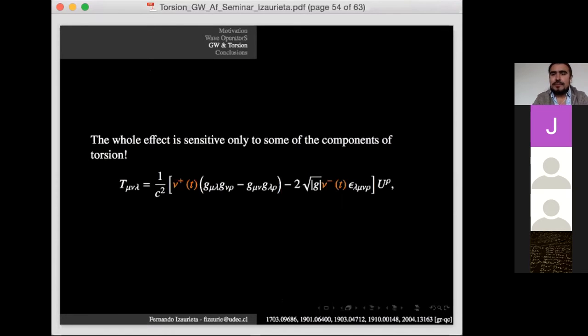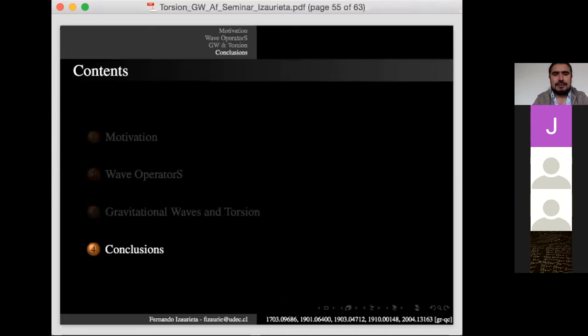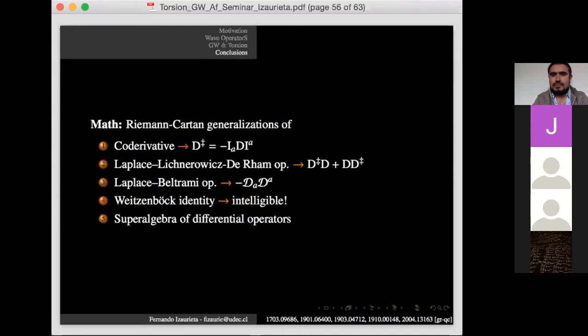Okay, then let us jump to the conclusions. Well, there are two main results. One is pure math. One is about the Weitzenböck identity. Now we can understand what it actually is, how it works, and why it works.